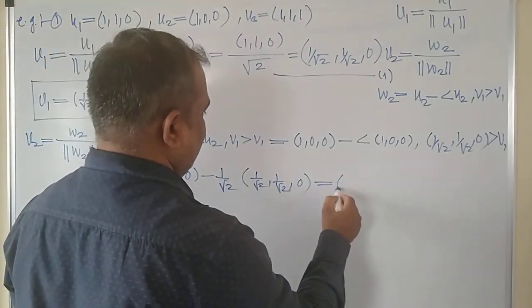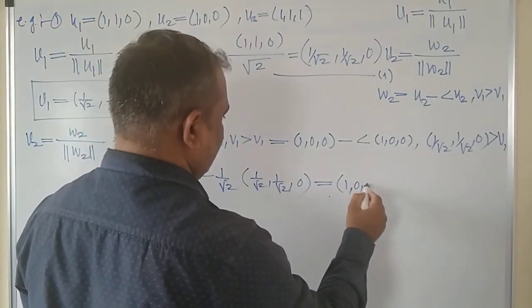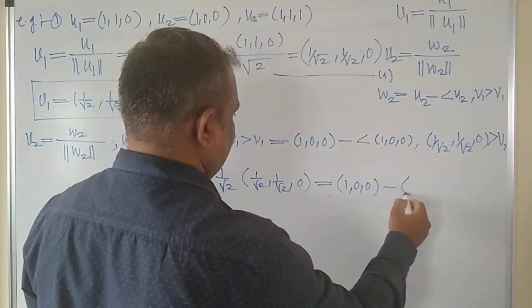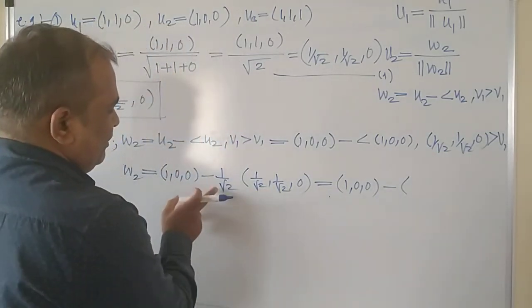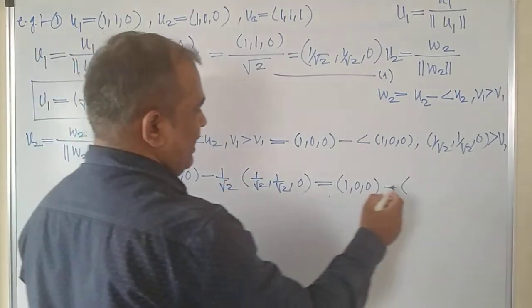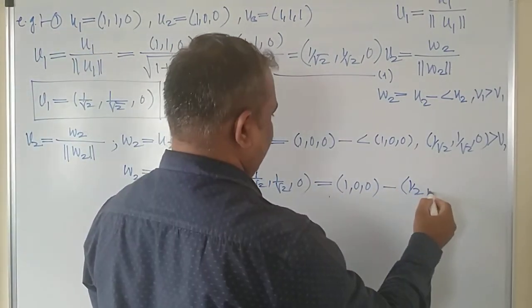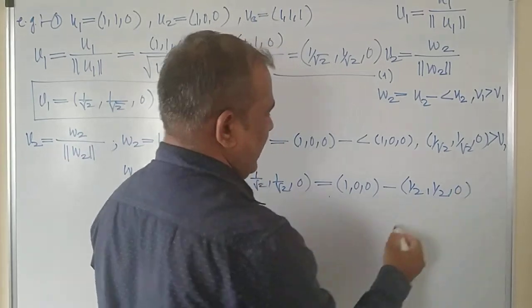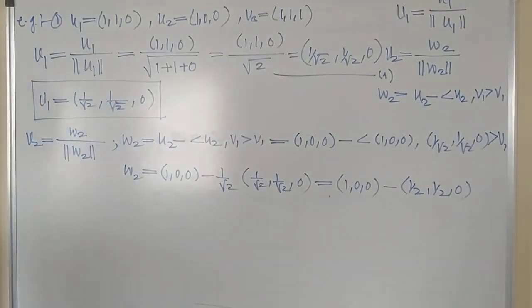So this gives (1, 0, 0) minus this vector, which once you multiply by 1 by root 2, 1 by root 2 times 1 by root 2 is half. So this will be half, half and 0.